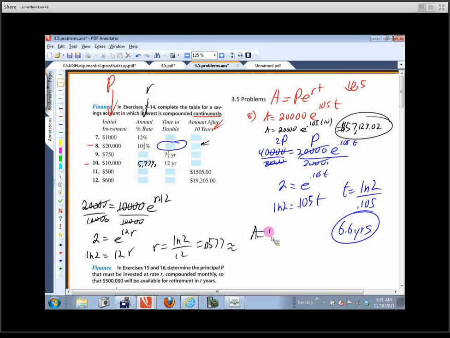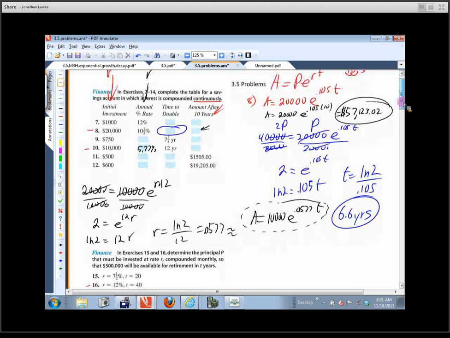So here's the formula, $10,000 to begin with, e to the 0.0577 times t. There's the formula. Could you figure out how much there is after 10 years? What would you do? Plug in a 10, right? Okay, enough of that one. Are there any questions there?